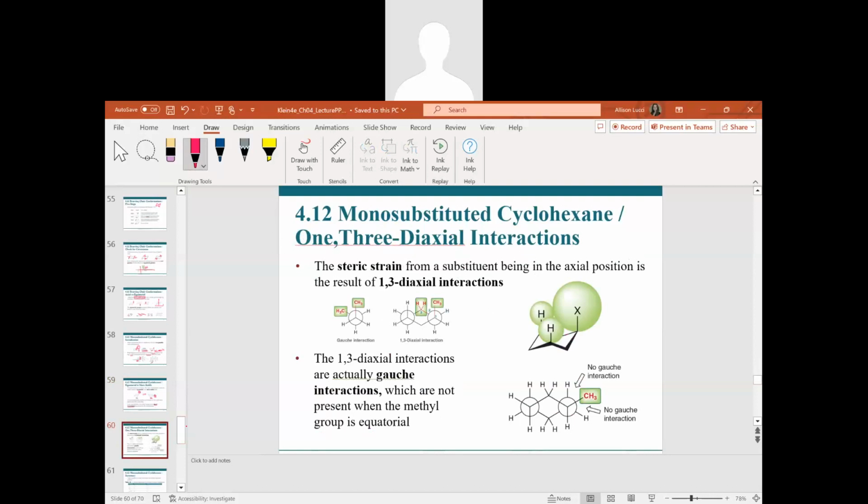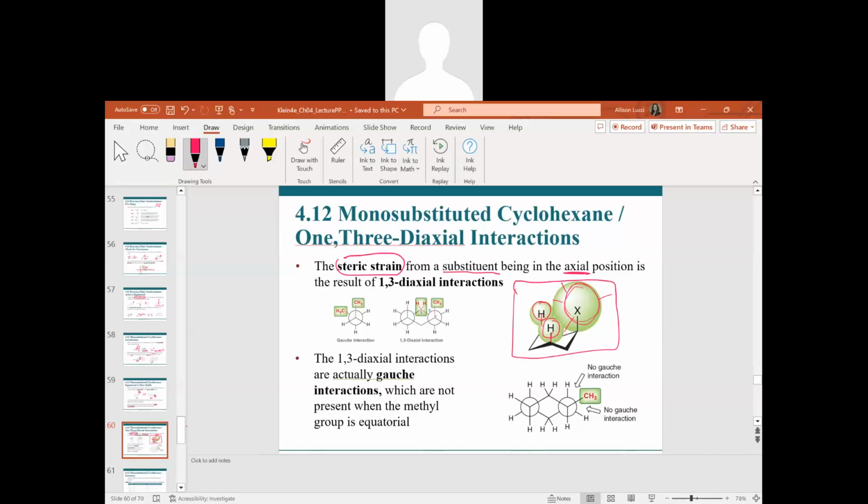And this is because the structure that's on the left experiences this steric strain from that substituent being in the axial position. So we see this illustration here. When we have this axial position of that X, that substituent, its electron cloud is kind of taking up all this space here, and these hydrogens, their electron clouds, will interact and kind of destabilize or have that repulsive effect on the substituents.